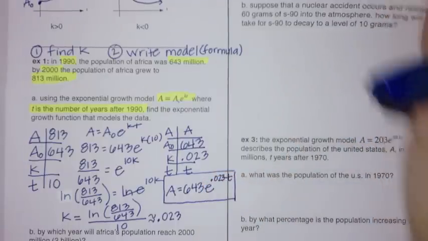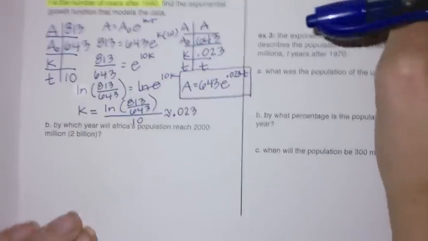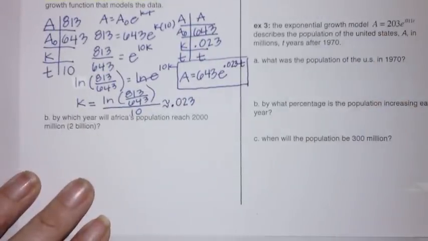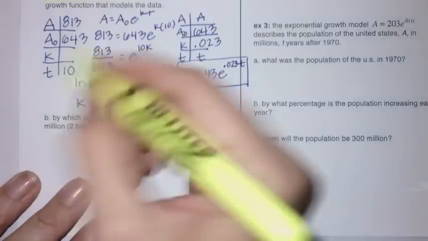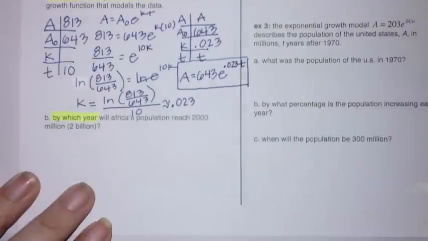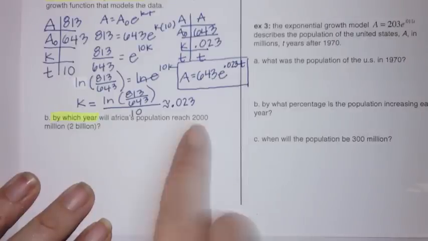Okay, so next what we're going to do is apply this formula, and this one says by which year, so your answer is going to be a year. It doesn't say in how many years, it says by which year will Africa's population reach 2,000 million, which is 2 billion. Why did they write 2,000 million instead of 2 billion?